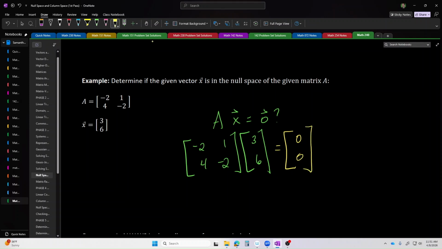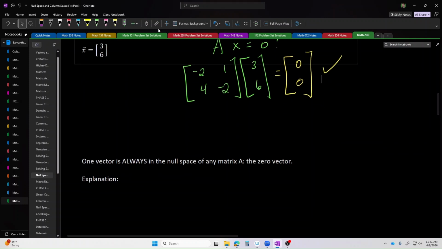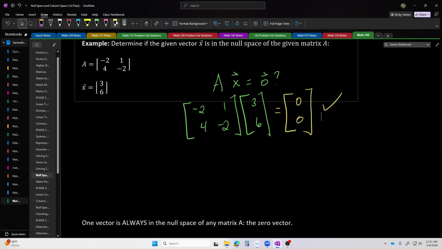So I have applied the matrix A to this vector, and I have gotten 0, 0 as the result. And my conclusion would be that, yes, this particular vector is in the null space of A. This particular vector is destroyed by the matrix A and is turned into 0.